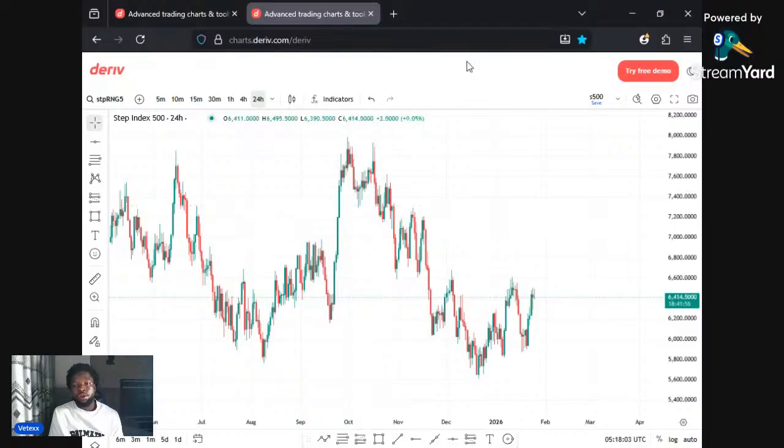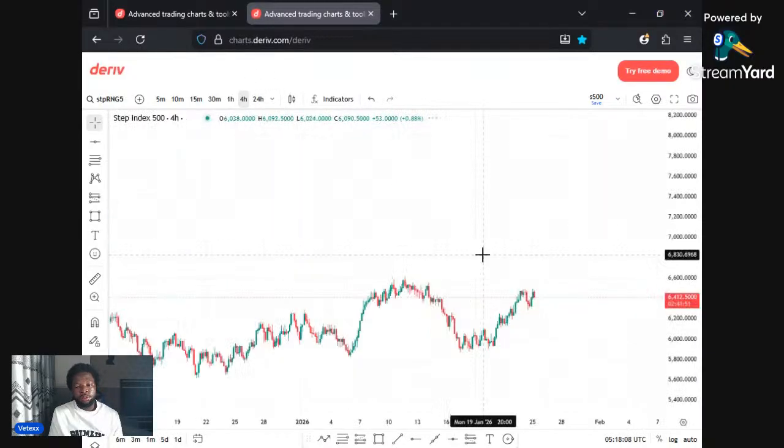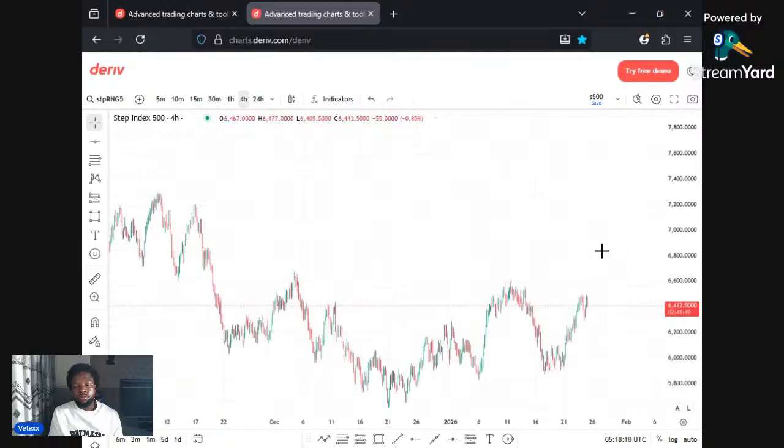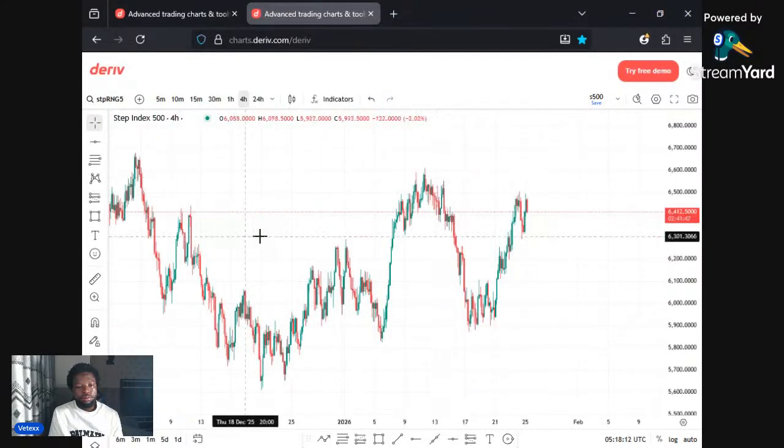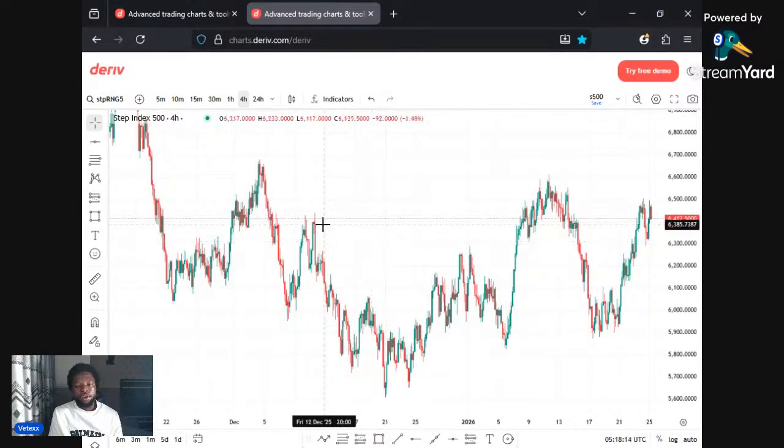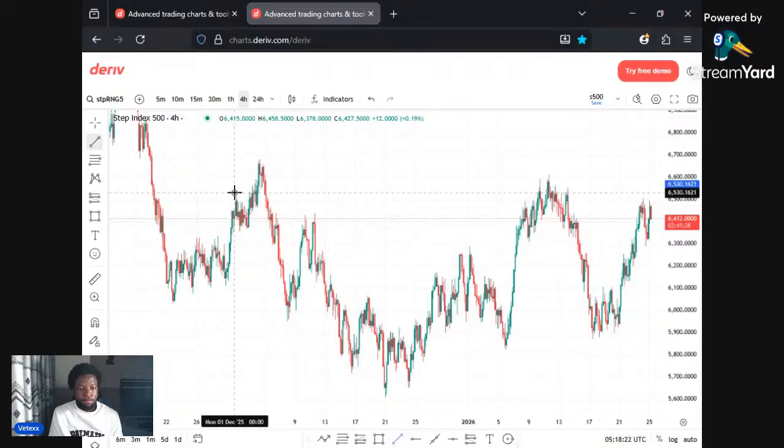So quickly, let's go down to the 4-hour time frame and spot our pattern. On the 4-hour time frame, you can clearly see that we have our row number 1 here, which is sweep of liquidity.